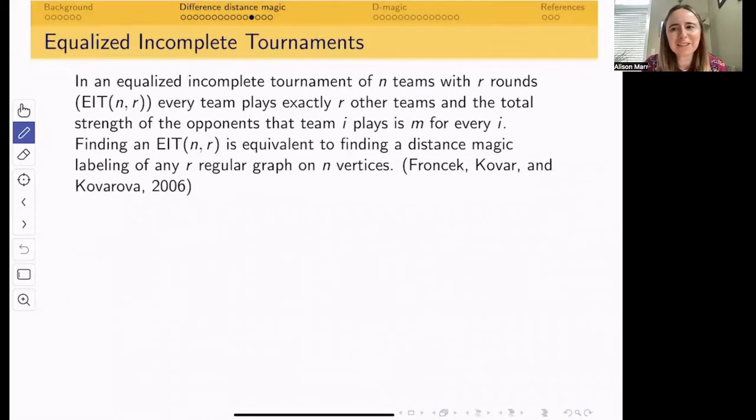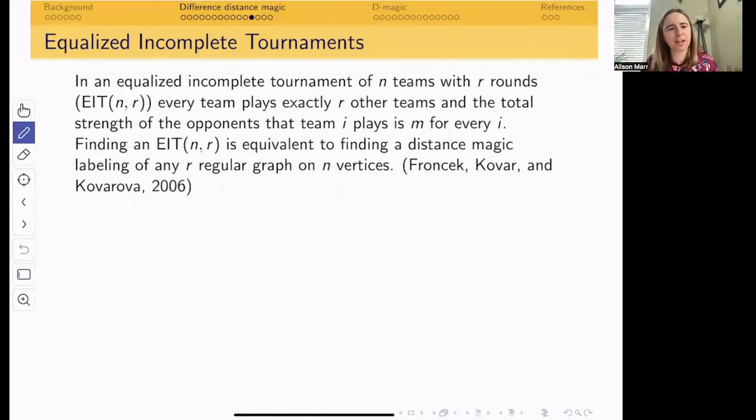When Brian and I first started this work, he was motivated by thinking about tournaments. He likes to think about these kinds of tournament questions. If you have not seen work on tournaments and labelings before, an equalized incomplete tournament of n teams with r rounds means that every team plays r other teams and the total strength of the opponents is m for every team.